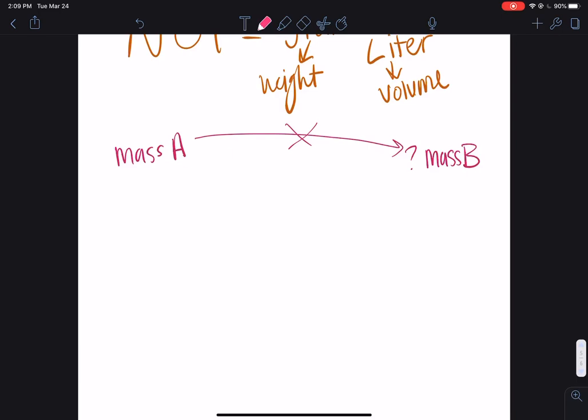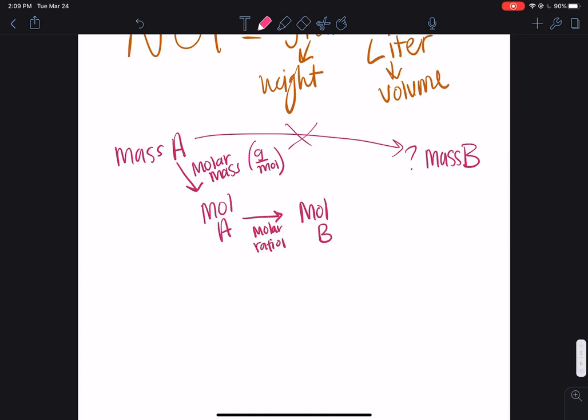But what I can do is go from mass of A to moles of A. How do you go mass to mole? This is using molar mass, which is grams per mole, found from the periodic table. Once you're in moles of A, you can go to moles of B. The way we do that is with a molar ratio. This molar ratio is where you use the coefficients.